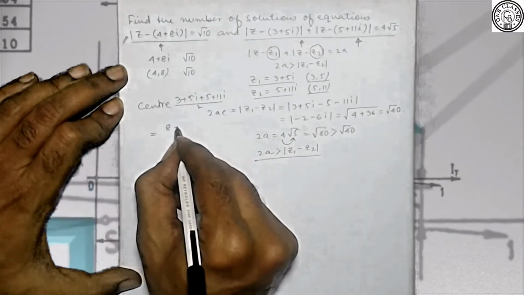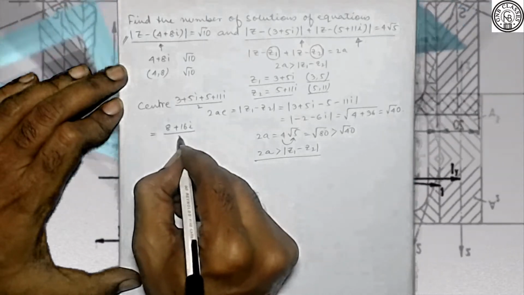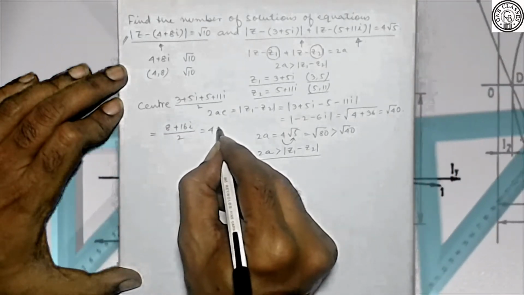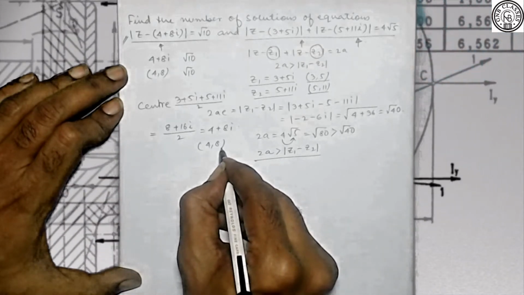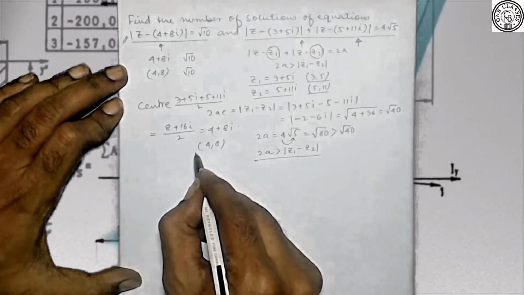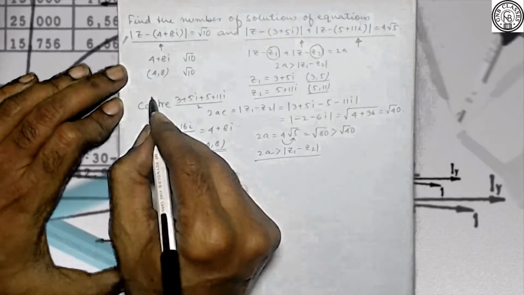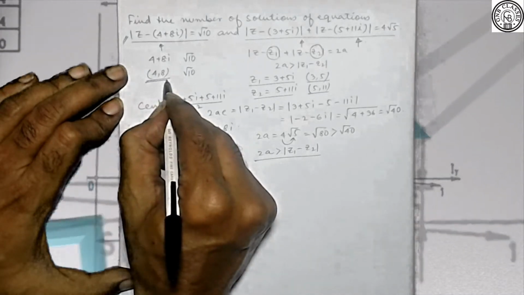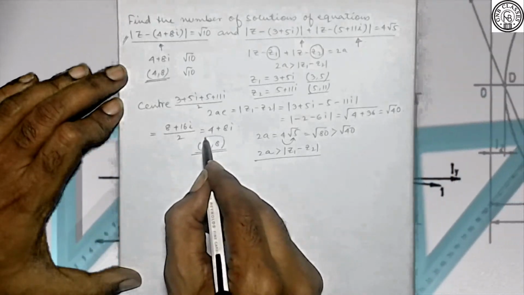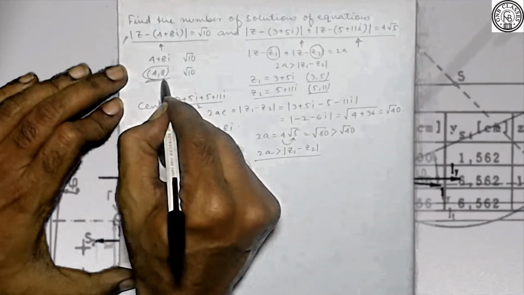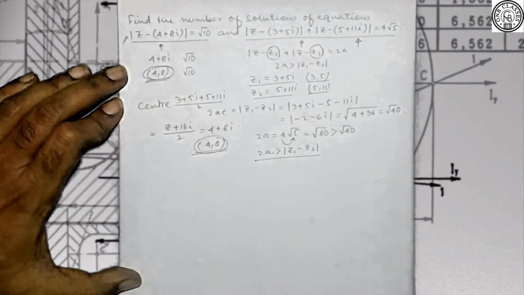So it comes to 8 plus 16 iota divided by 2, which gives us 4 plus 8 iota, that is (4, 8). Now can you observe one thing? The center of the ellipse and the center of the circle coincide. They are the same point.